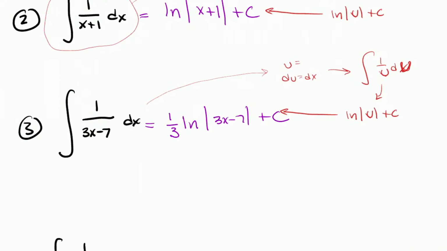U is going to equal 3x minus 7, and that means that du is equal to 3 dx. So if you're not comfortable doing this one, number 3, in your head, please just be humble about it and do it using substitution. So this ends up being 1/3.